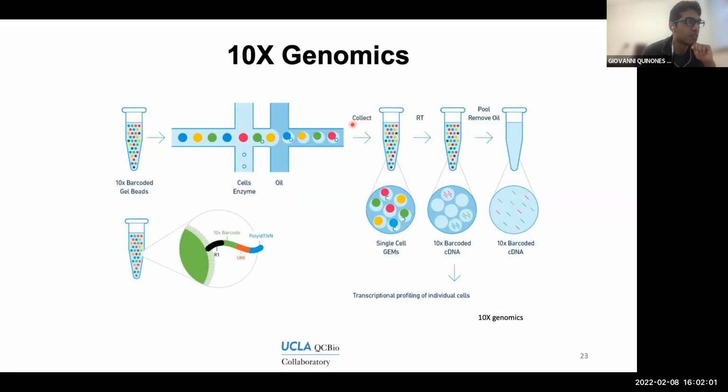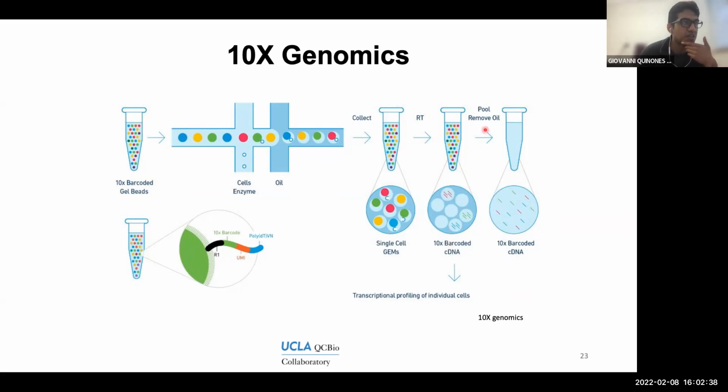Later, you collect these droplets that contain the single cell GEMs. The GEM just means the droplet with the cell and the bead. And later you perform the reverse transcription step, which will take place still inside every GEM. This reverse transcription, of course, is the part where you are converting your RNA into cDNA.